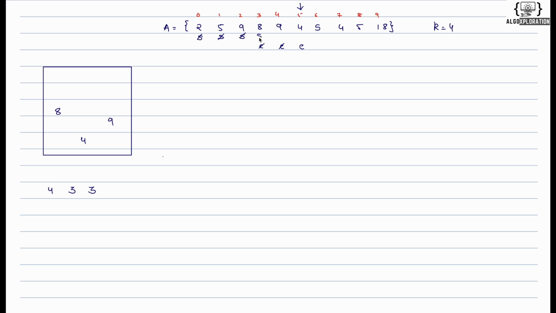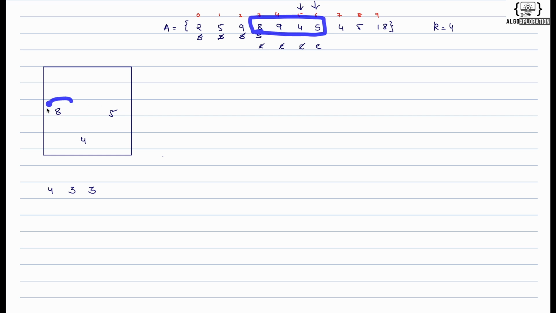S will be here, E will be here. Now the window is from 3 to 6. First let's delete this previous element, which is this. So I'm deleting this element and introducing the new value, which is 5. Now for this window, the count of distinct elements is 4, right?